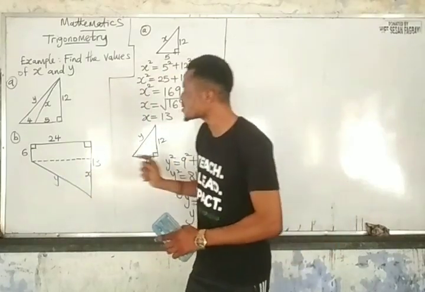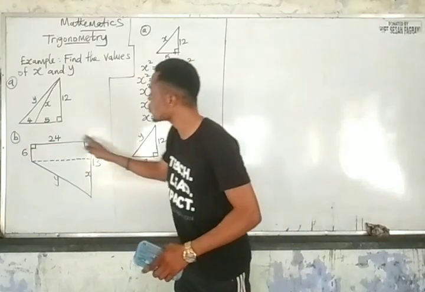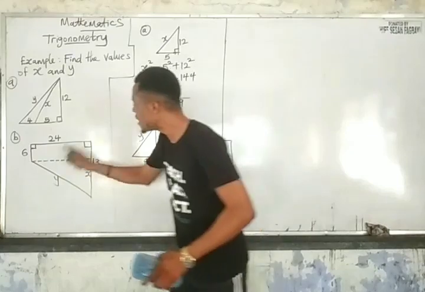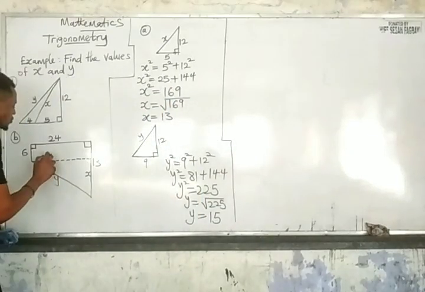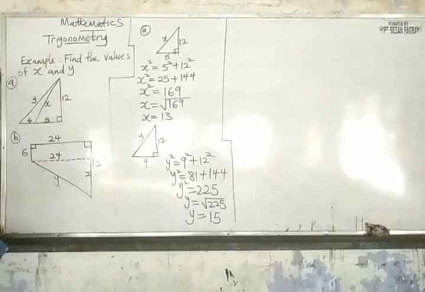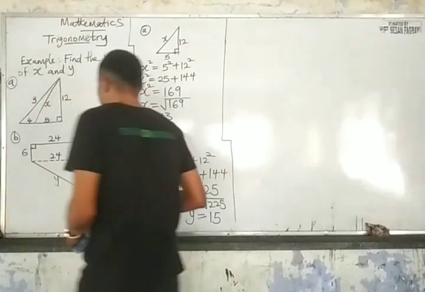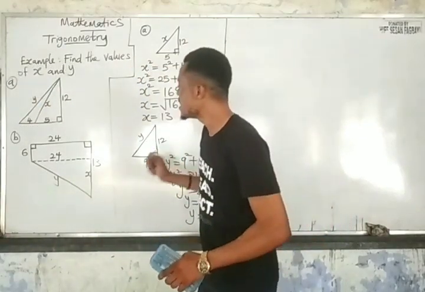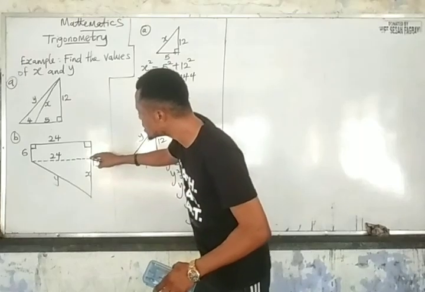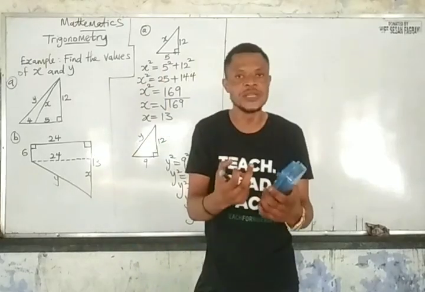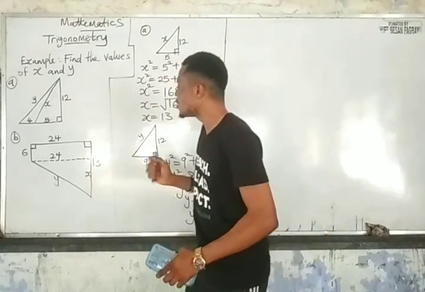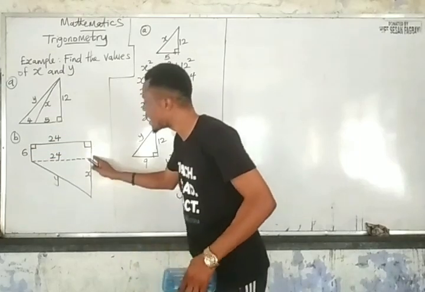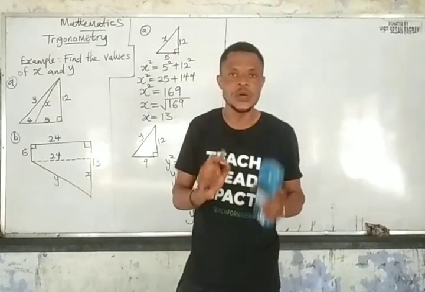Starting with the first concept, since here to here is 24 and they are parallel to each other, definitely this place is also going to be 24. Upon having that place as 24, the next thing is to identify what this place to this place is going to be. If you look at it logically, this side and this side are parallel to each other.